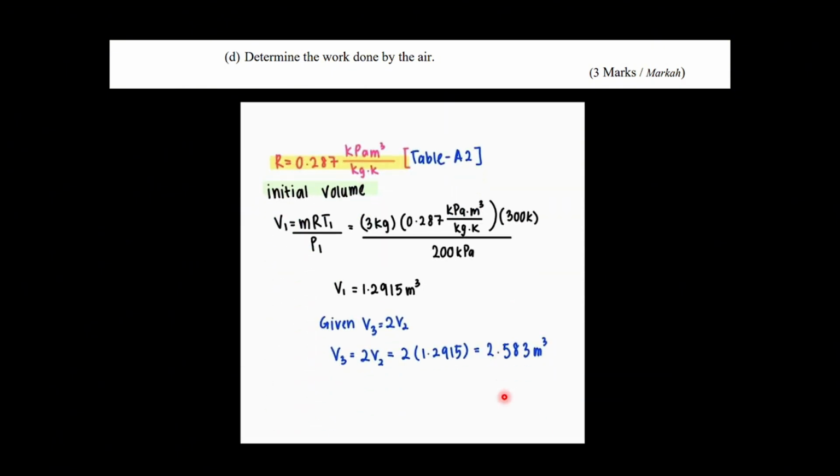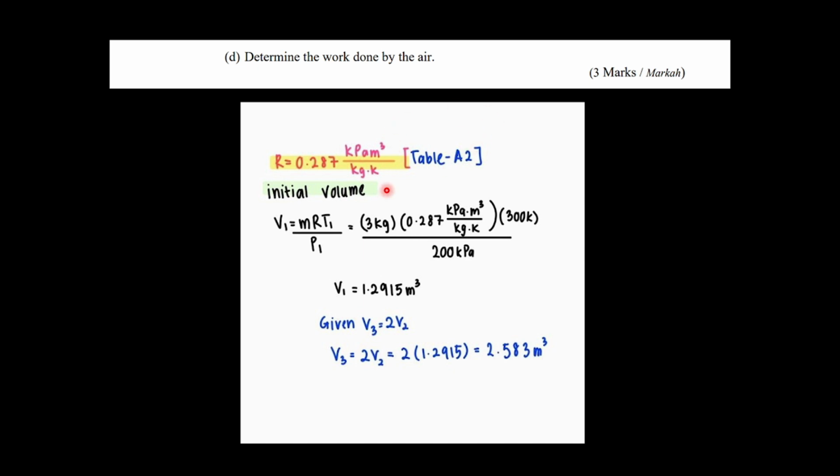So question D, determine the work done by the air. First of all, we have to find the initial volume. At first we have to find R, the gas constant for air, which is 0.287 kilopascal meter cubed per kilogram Kelvin.